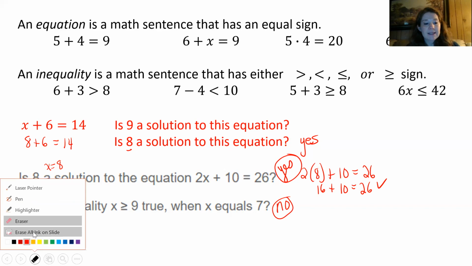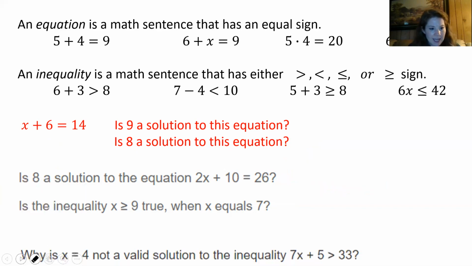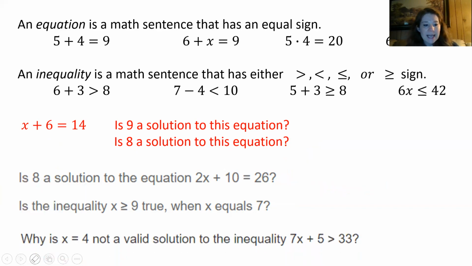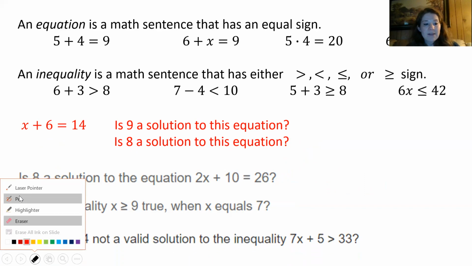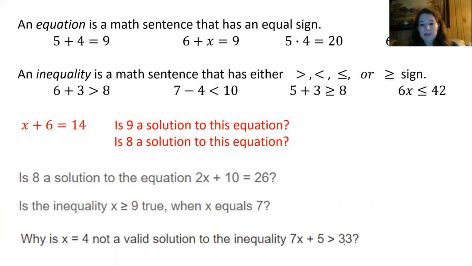All right, what's next? It says, why is x equals 4 not a valid solution to the inequality 7x plus 5 is greater than 33? Well, let's find out. Why is this not true? Well, 7 times 4 plus 5 is greater than 33.